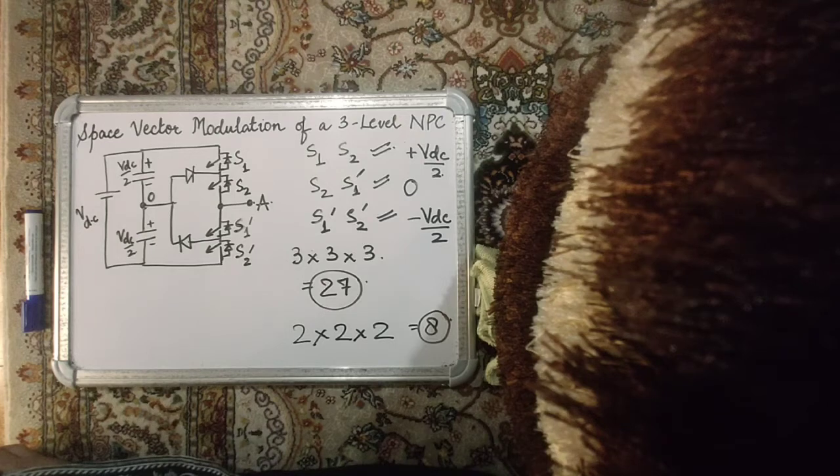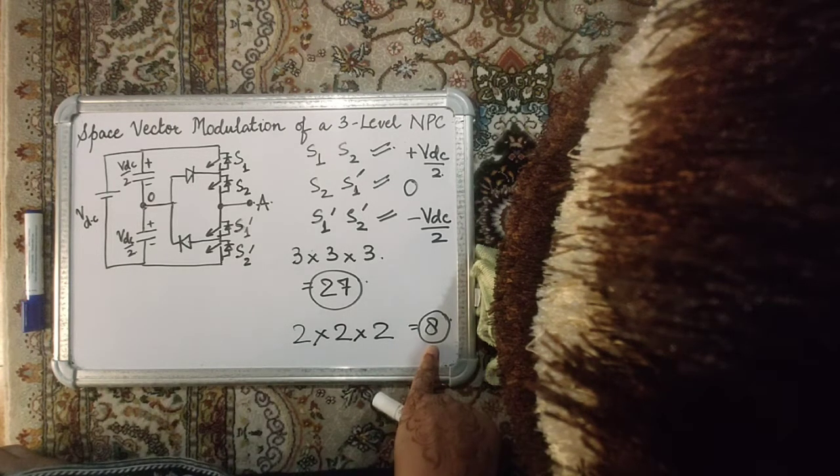When you draw the space vector diagram of a 2-level VSI, which you had done previously in your course on applied power electronics, and very recently in PWM techniques, you know that these 8 switching states occupy the 6 corners of a hexagon, and 2 states occupy the middle point.